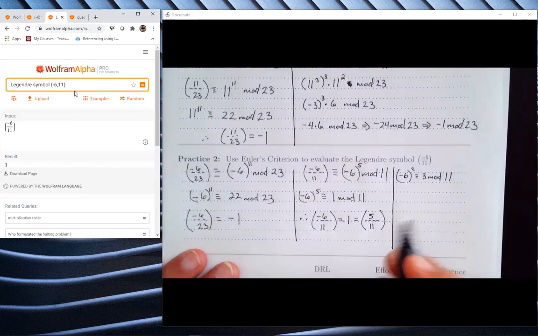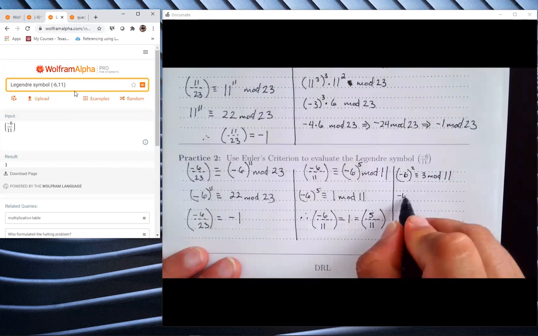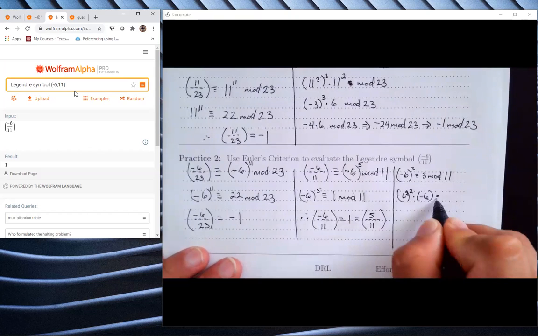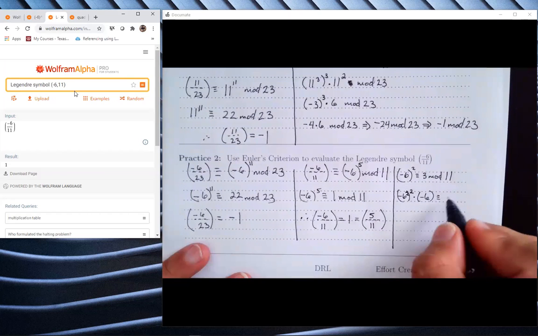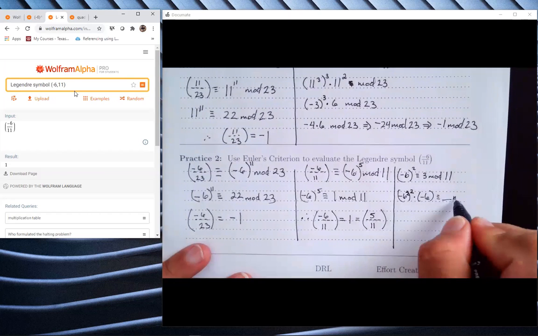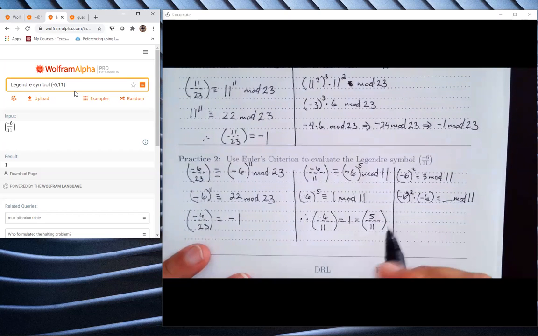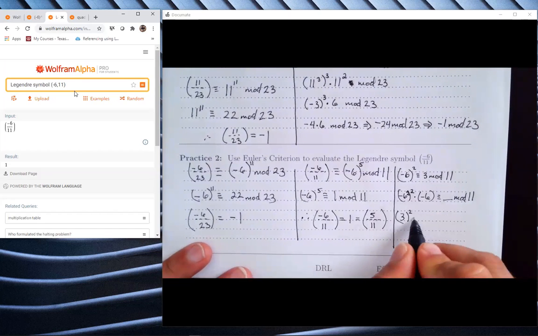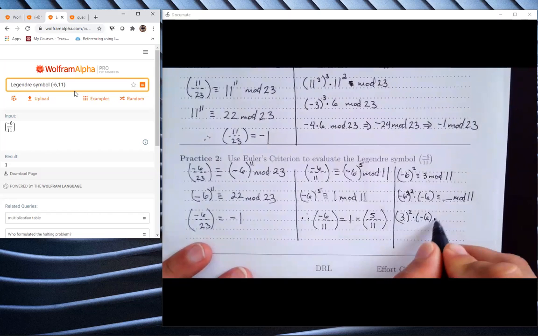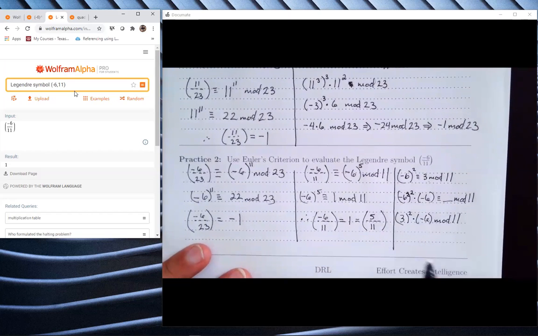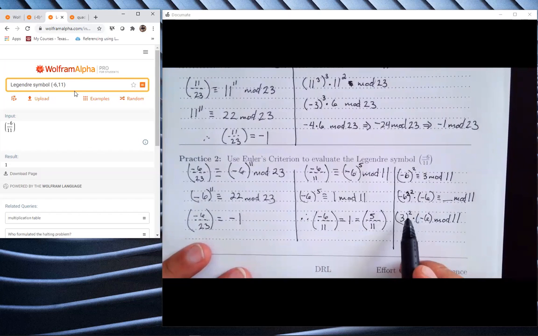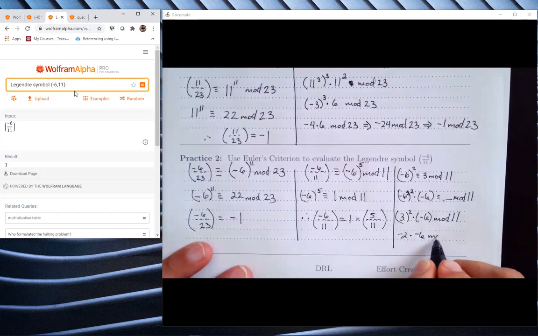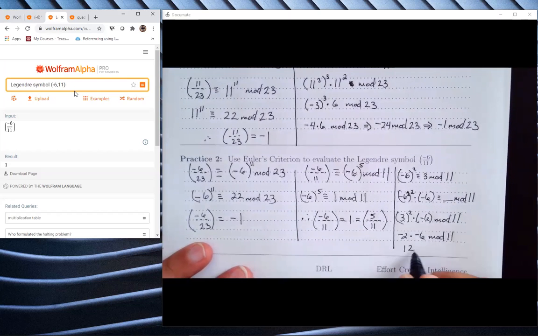Then -6 squared times -6 would be congruent to 3 squared times -6 modulo 11. 3 squared is 9, and 9 is -2 modulo 11, so I would have -2 times -6 modulo 11, which is 12 modulo 11.